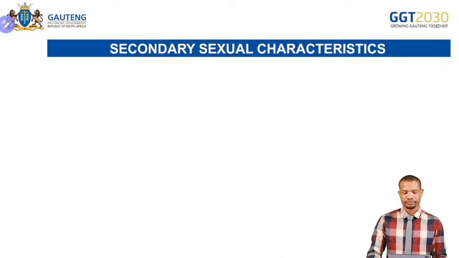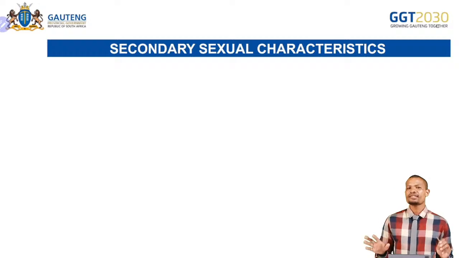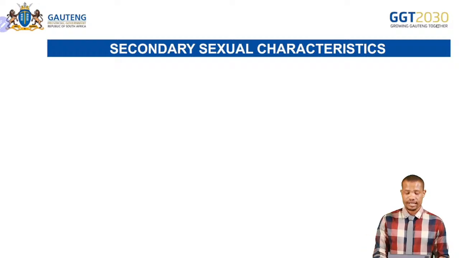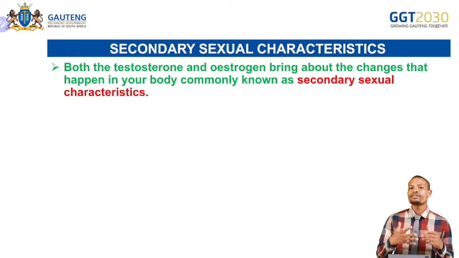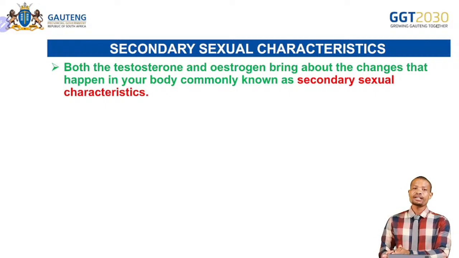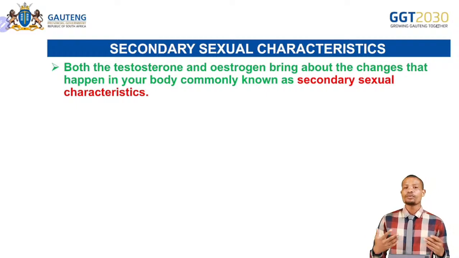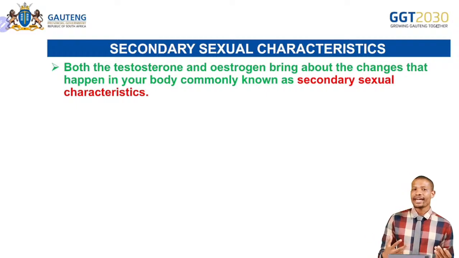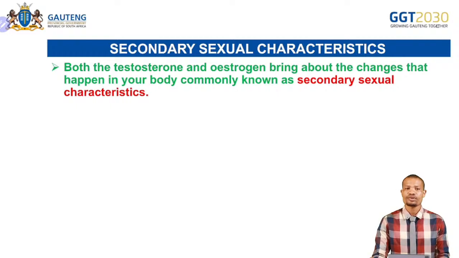Okay. Let's continue. Now let's talk about secondary sexual characteristics. So both this testosterone and this estrogen bring about changes in the body which we refer to as the secondary sexual characteristics. Okay, so the changes that occur in your body during puberty are initiated by what?